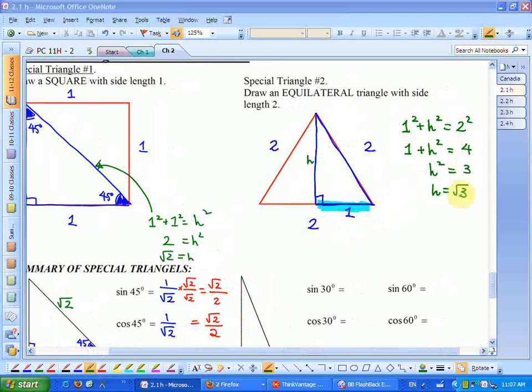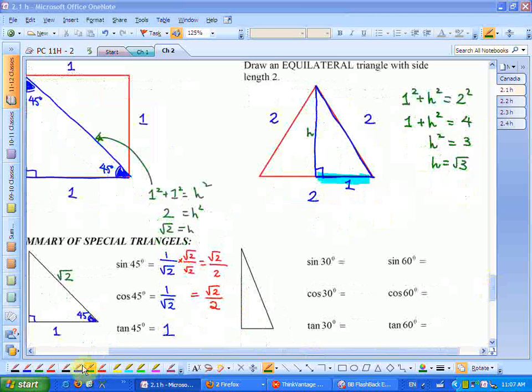Just by using Pythagoras. I'm going to ask you to copy that down in this picture here, and then I'm going to ask you to find the ratios. 1, 2, root 3. Now what's the measure of the angles? What's the measure of this angle down here, the bottom one? That's 60, right? Equilateral triangle, 60 degrees. Good. What about the one on the top?